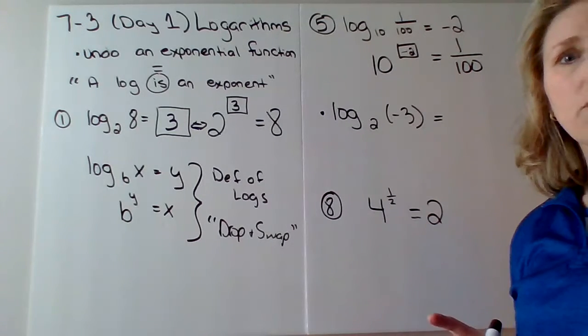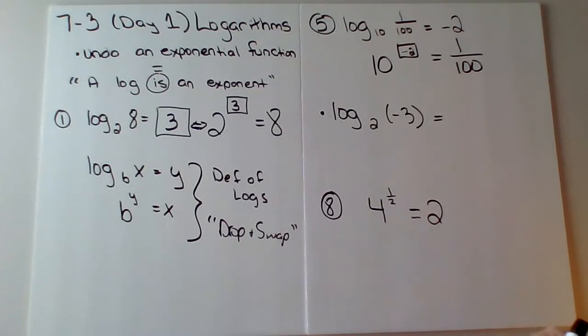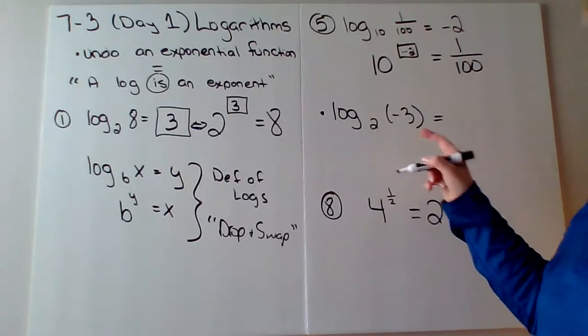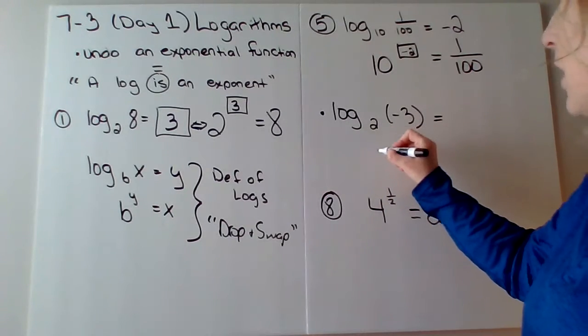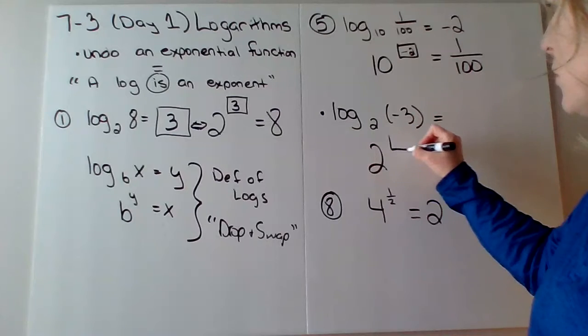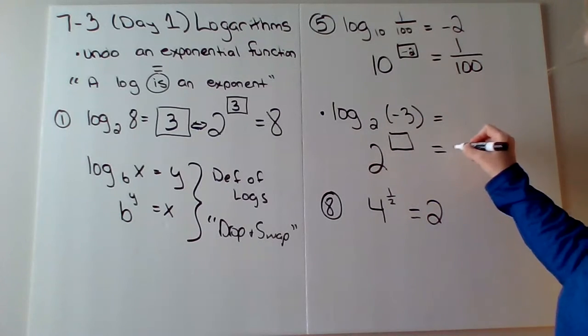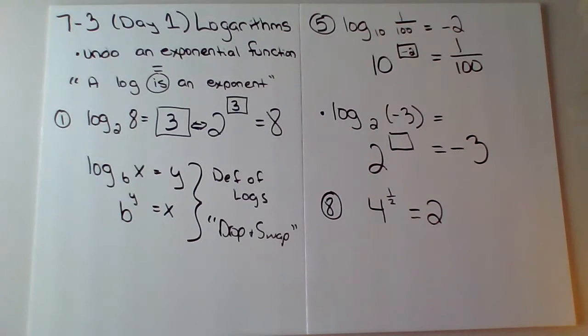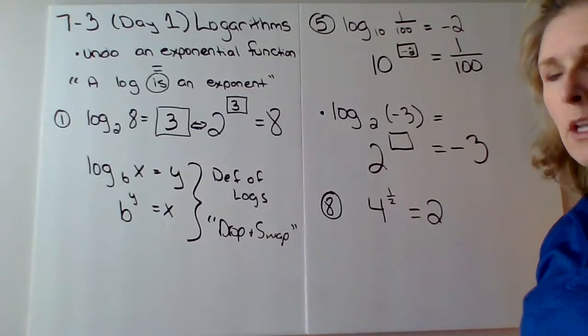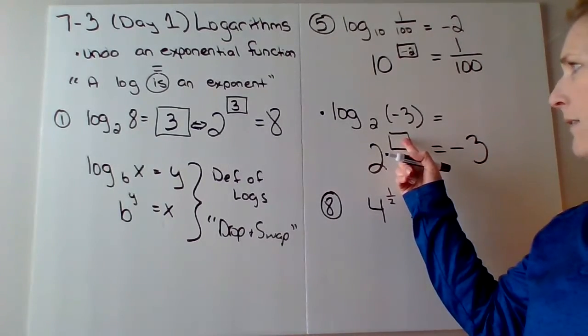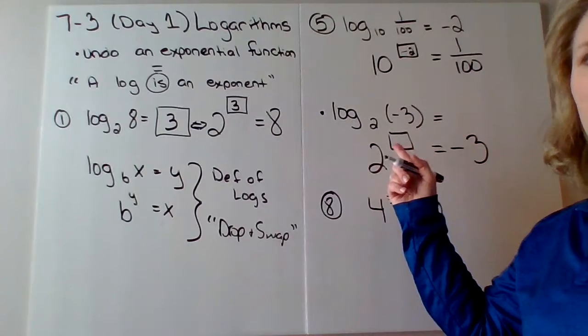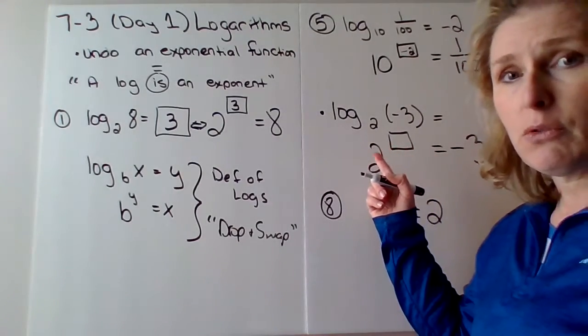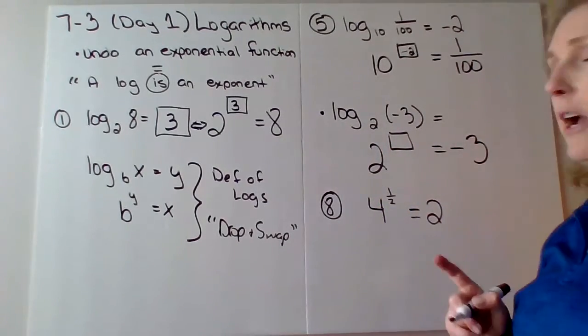Log base 2 of -3 equals what? If I rewrite it in exponential form, you drop and swap. 2 to the what power equals -3? Well, let's see. If I raise it to a negative number like -2, that would give me a fraction.